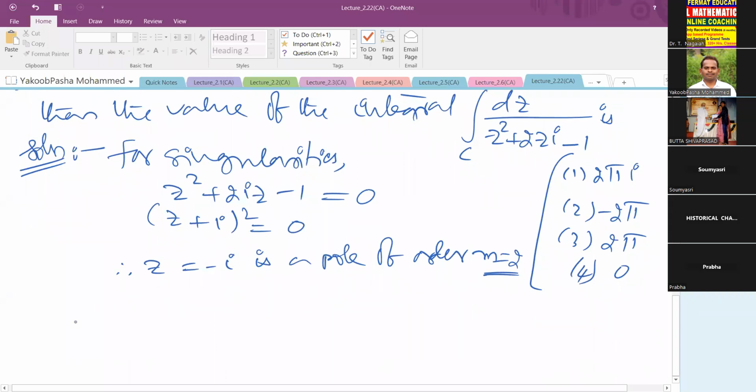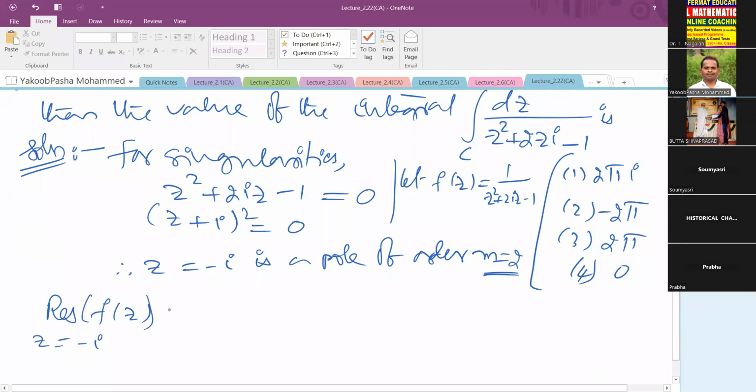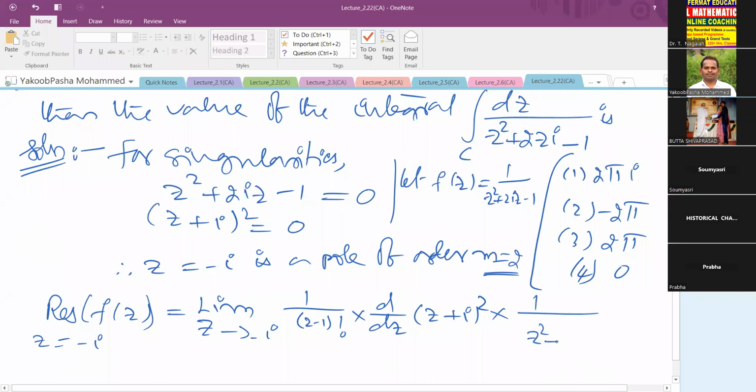At this pole, we have to calculate the residue first. Residue of the function f(z), where f(z) is 1 upon z squared plus 2iz minus 1, at z = -i is equal to the limit as z tends to -i of 1 by (2-1) factorial into d by dz of (z+i) whole squared into f(z). The f(z) function is 1 by z squared plus 2iz minus 1, which can be written as (z+i) whole squared.